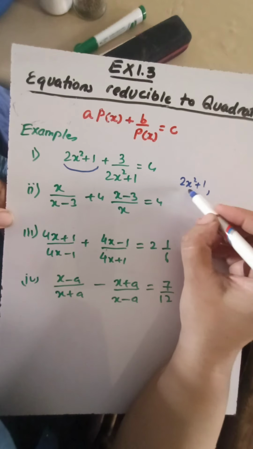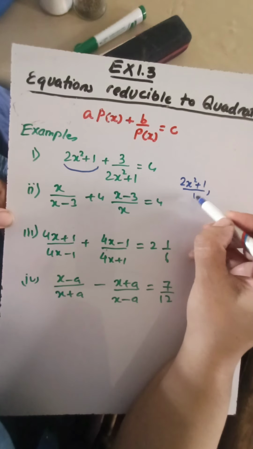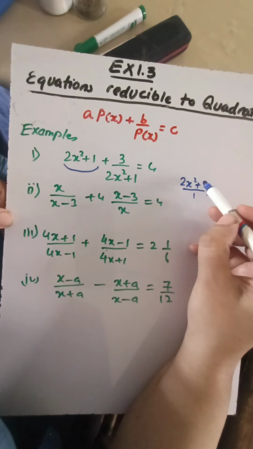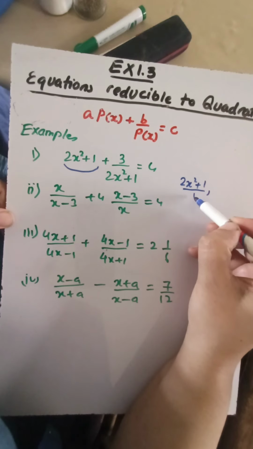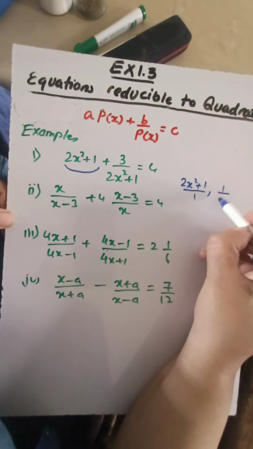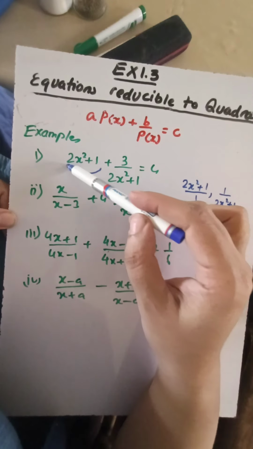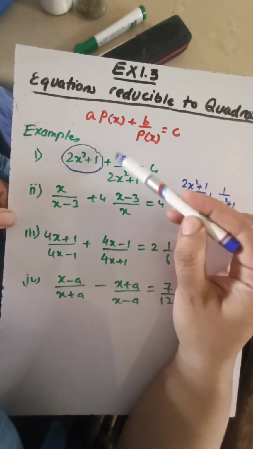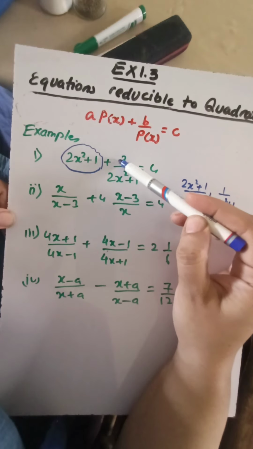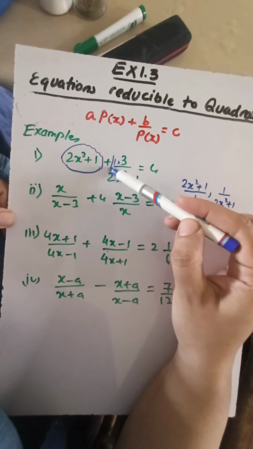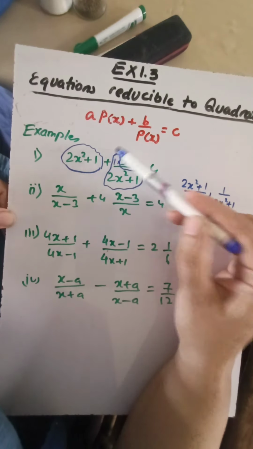If I want to find its reciprocal, I make the denominator the numerator, and replace the numerator with the denominator. This will give me the reciprocal.